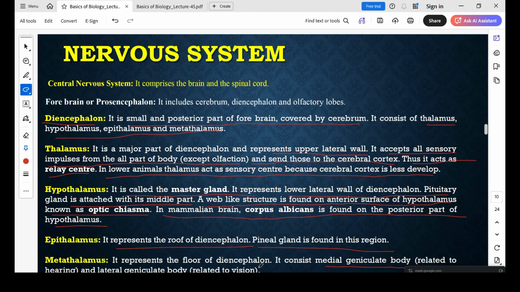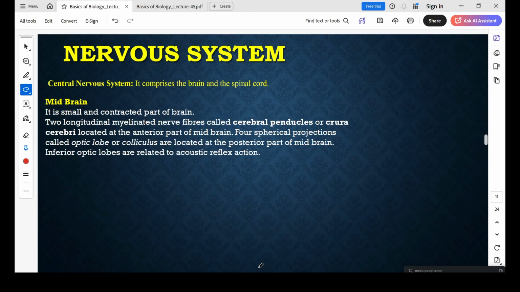There is some redundancy in certain areas in the brain, but more or less every portion inside the brain has a particular function, and if there is damage to that portion, that function is going to be compromised.